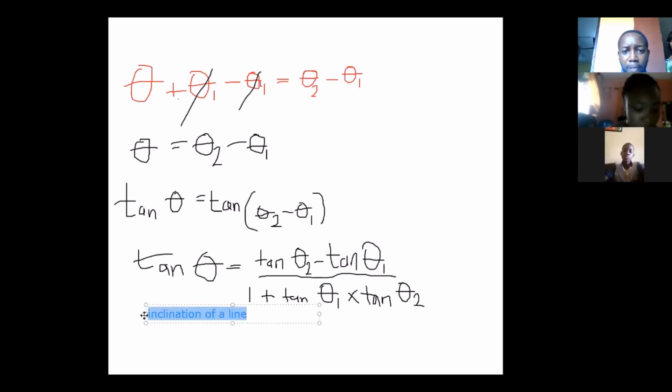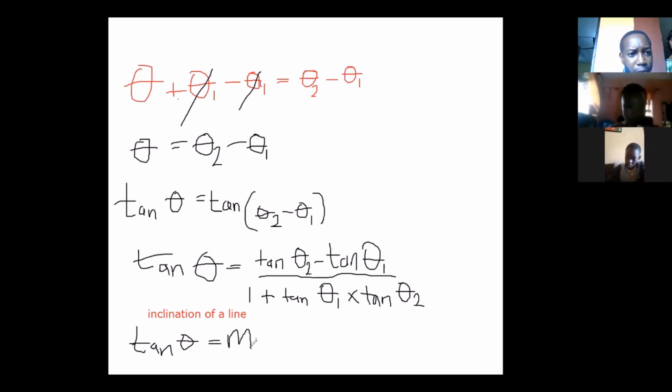The reason I'm writing it there is so that you don't mix it up. So we substitute m wherever we have tan theta.